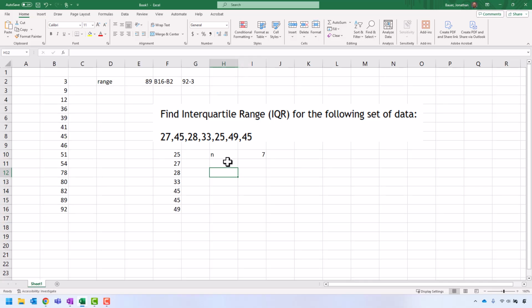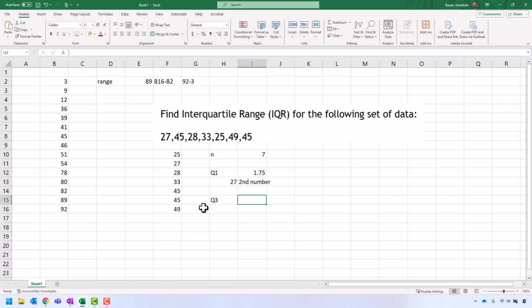And so for Q1, its position, I'm going to take 0.25 times the 7, and then I'd go to the second number in the list. So in this case, we count here to 27. Quartile 1 is 27, reading from the list.